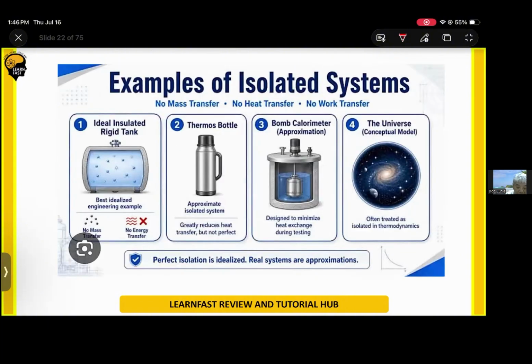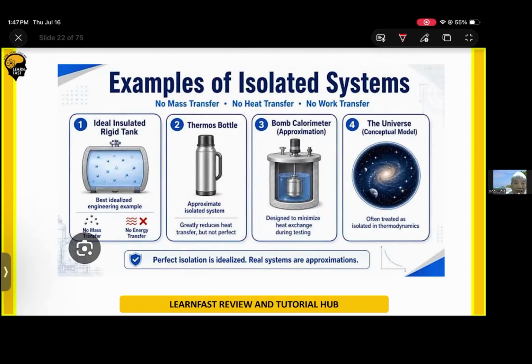Pag sinabing isolated, good examples would be the thermos bottle, the bomb calorimeter, and the universe. The universe is considered an isolated system in thermodynamics.